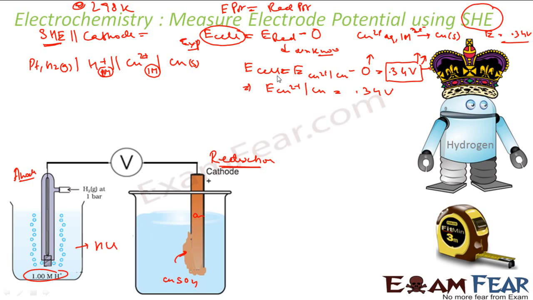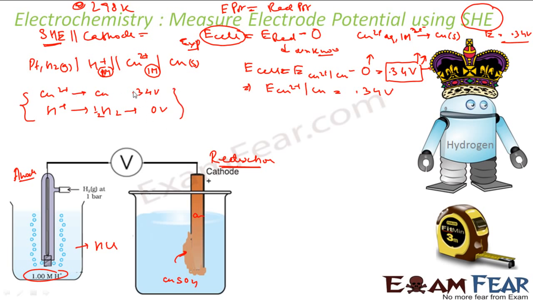I hope you understand. See, Cu2 plus to Cu has the value of 0.34 volt, and I am assuming H plus to H has the value of 0 volt. What does it mean? Anyway, this was assumed, and since this was assumed, I got this value, right? Both are dependent. Compare these two equations.